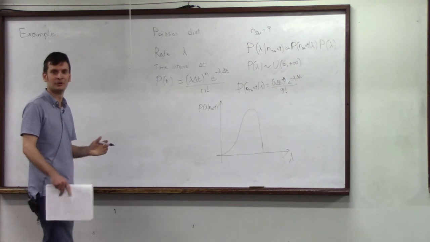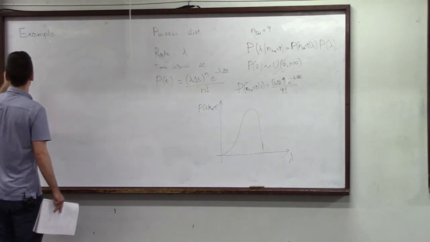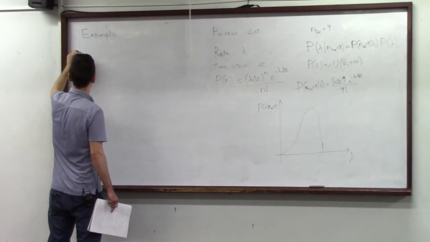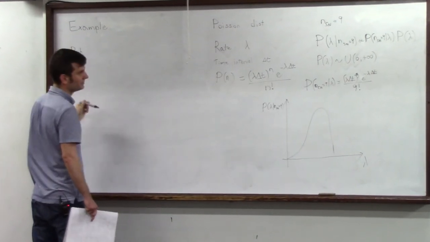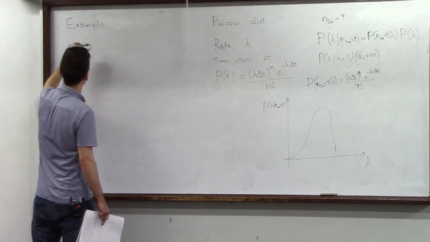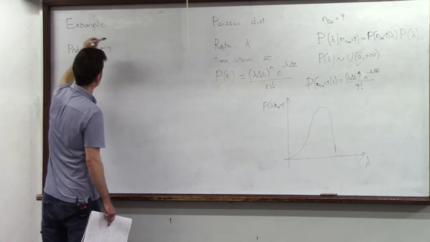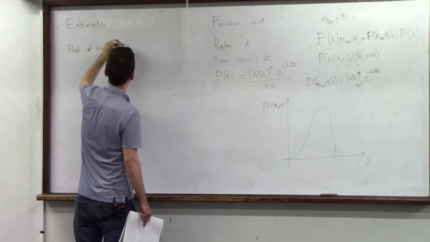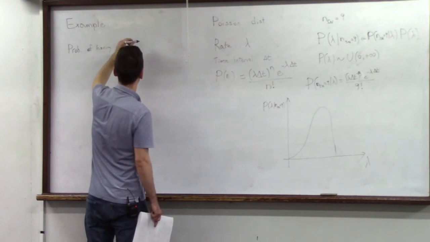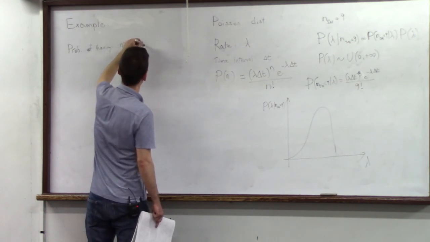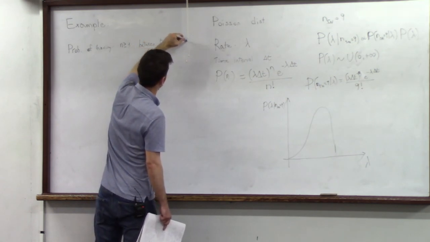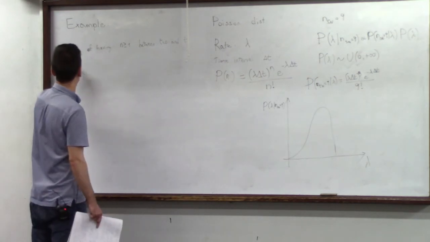I don't really have time to show the derivation, but given a Poisson process, the probability of having at least one event in the time interval between t0 and t is this.